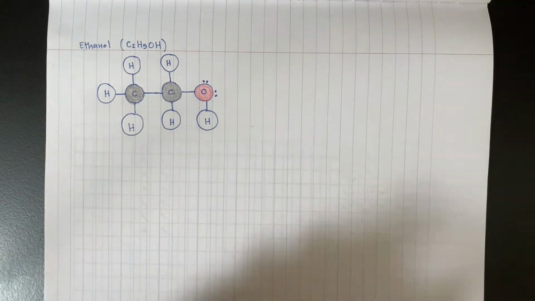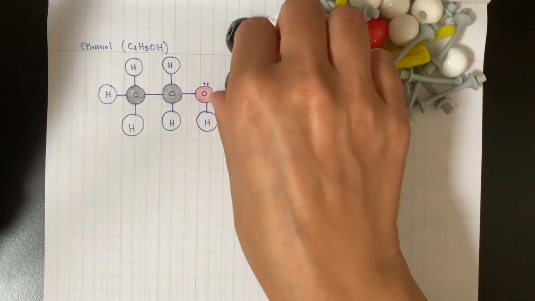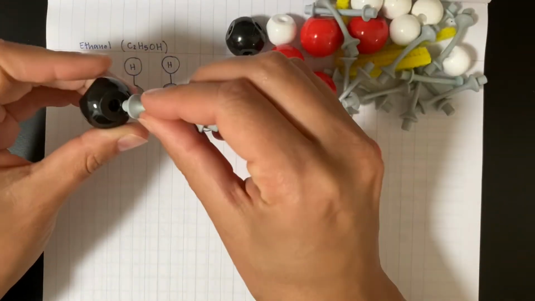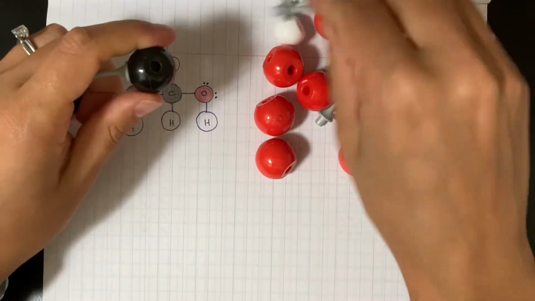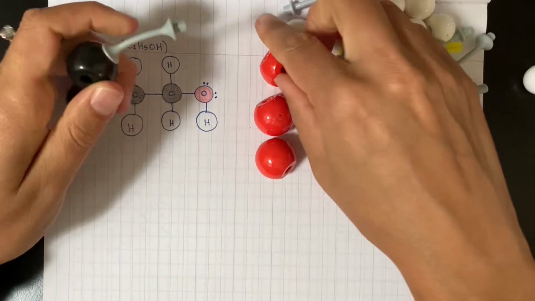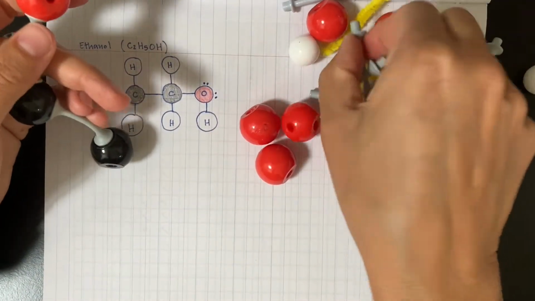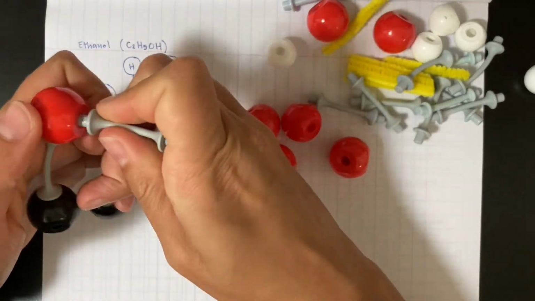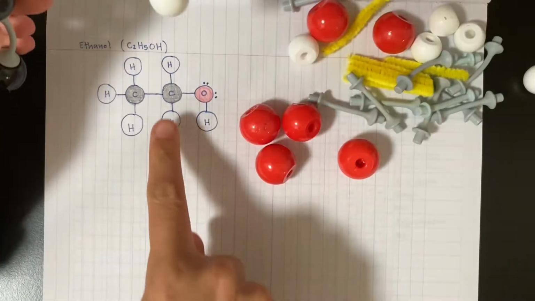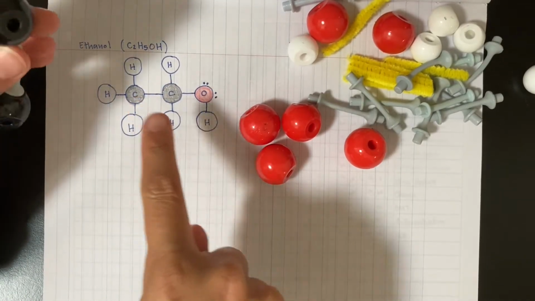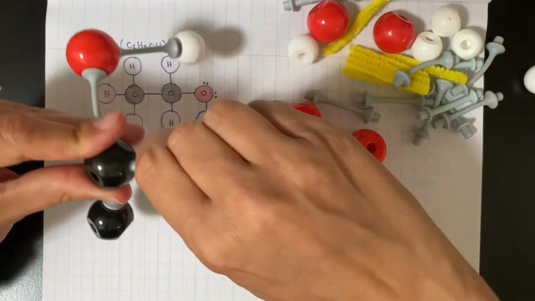So if I empty out my model kit here, I'm going to connect my carbon to another carbon, and then I'm going to connect it to an oxygen. That oxygen is connected to a hydrogen. And then my carbon in the middle here, between the oxygen and the carbon, has 2 hydrogens off of it.